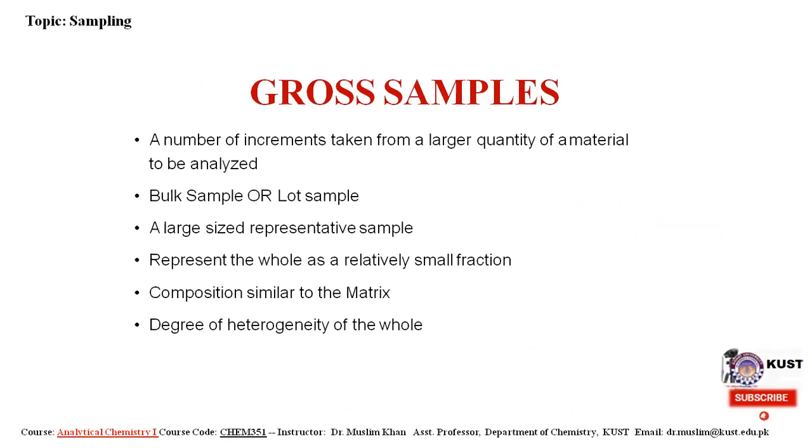Gross sample: a number of increments taken from a large quantity of a material to be analyzed. Bulk sample or lot sample: a large representative sample. It represents the whole in a relatively small fraction, with composition similar to the matrix and the degree of heterogeneity of the whole sample.